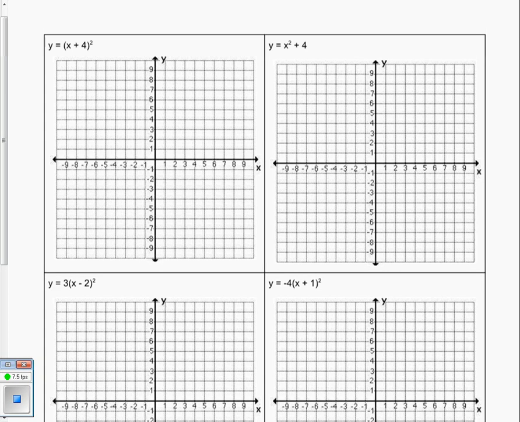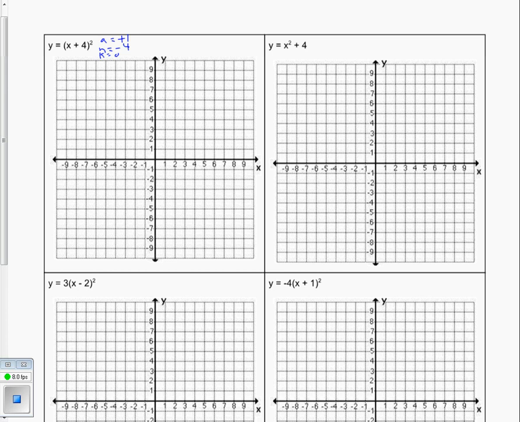We'll continue on. We've got a parabola here that's y is equal to (x plus 4) all squared. Okay, so our a value is still positive 1. Our h value in this case is actually negative 4. And our k value remains 0.